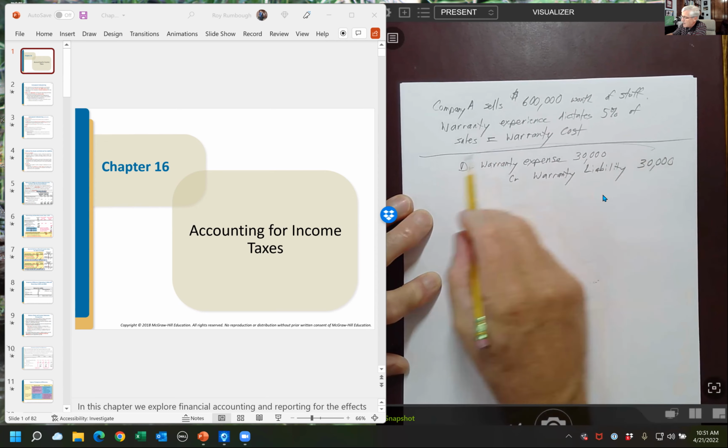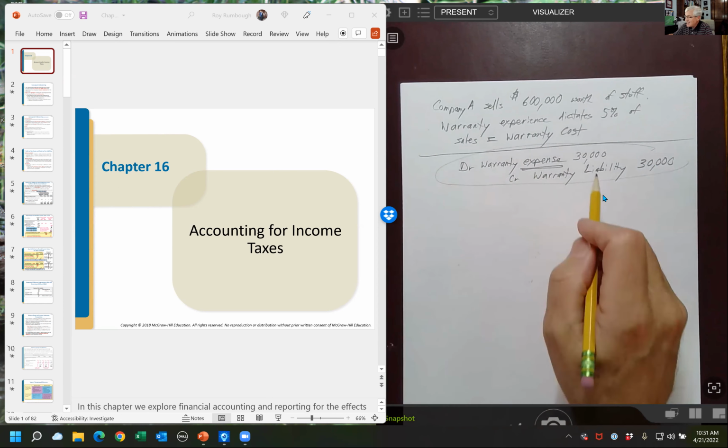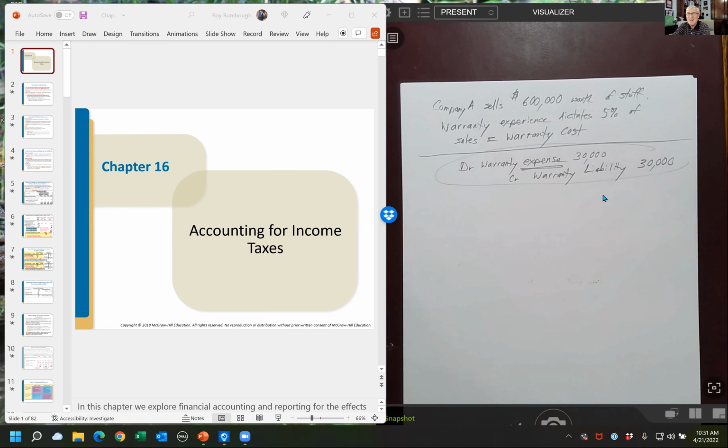Now, on this first day, have there been any claims yet? No. But we've recorded the expense. Well, that's from the book side. And on the tax side, no, they don't accept that as an expense.